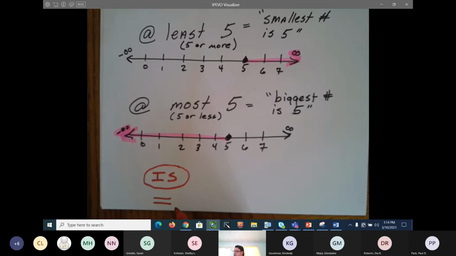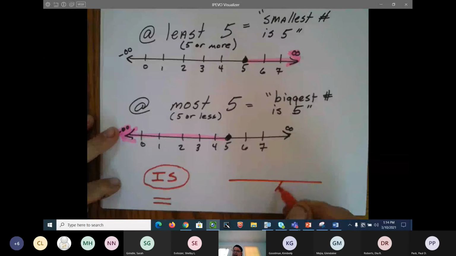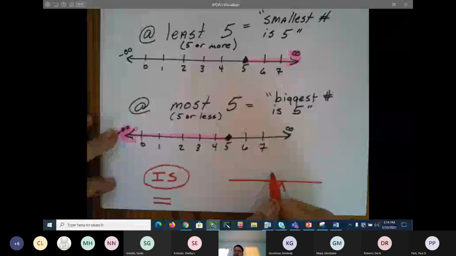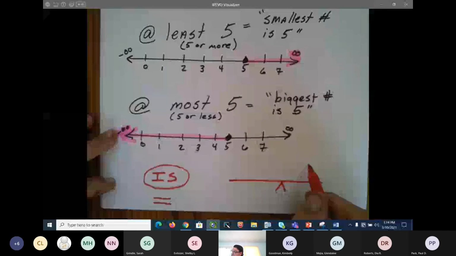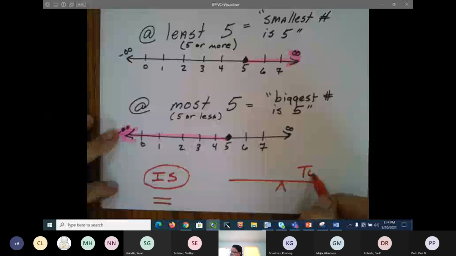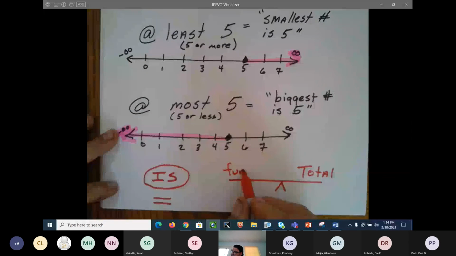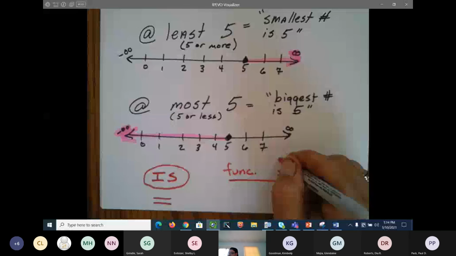And we all know that in a word problem, you have 2 sides. You have the side that's telling what to do, which is the function, and then you have the total. What's in the middle? The equal sign, and that equal sign is usually "is."